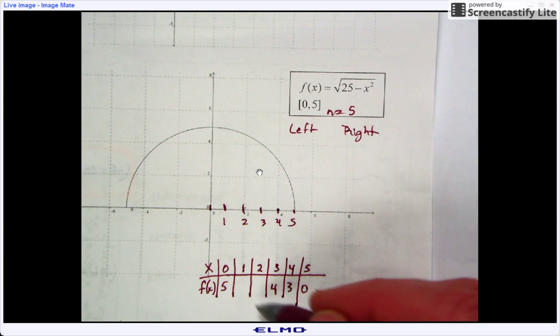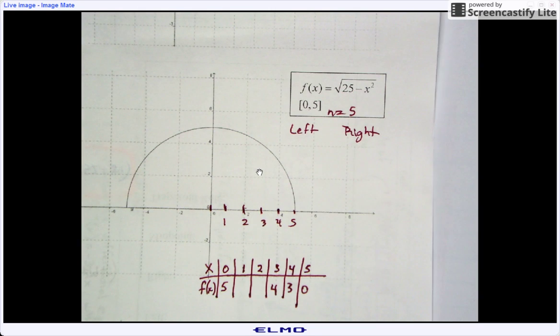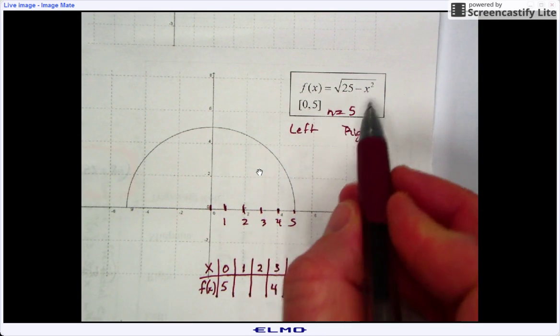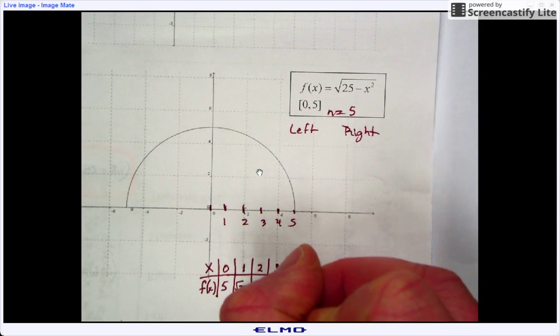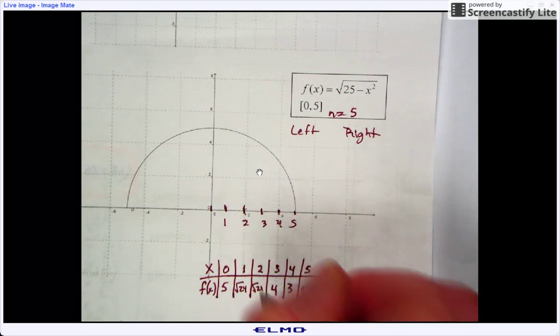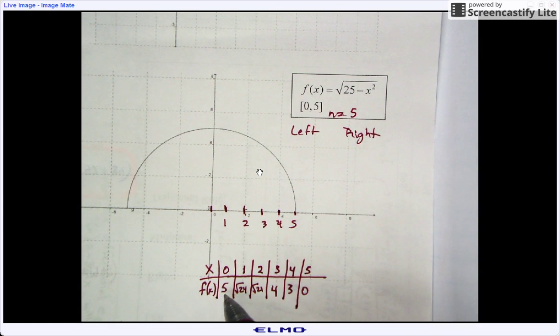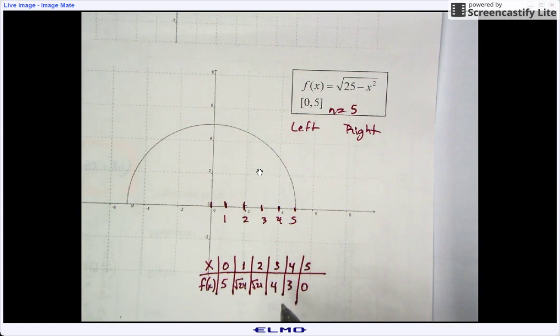And then these two, we're just going to change them to radicals. So 25 minus 1, so radical 24, and 25 minus 4, which is radical 21. So it's starting at 5, it's decreasing all the way down to 0.